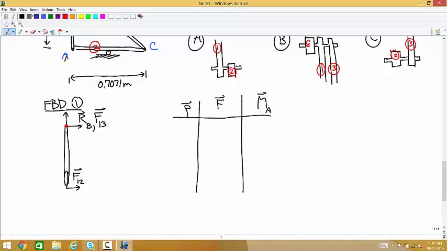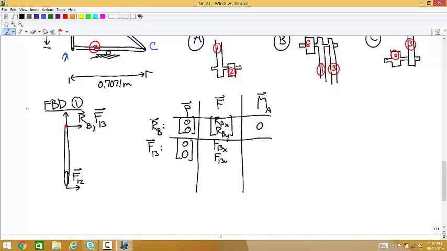And so for the force RB, what's the rho vector? 0. The components are RBX, RBY. Cross product says no moment. Now F13. What's the rho vector for F13? 0. The components are F13X, F13Y, and the moment is 0.